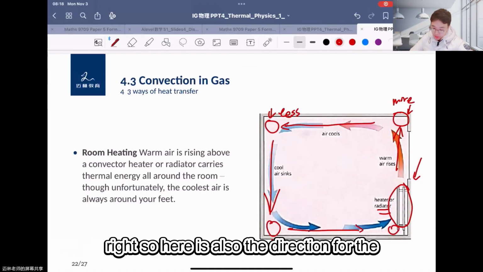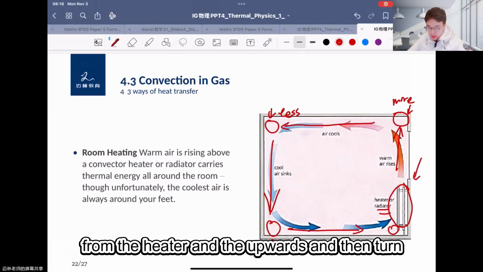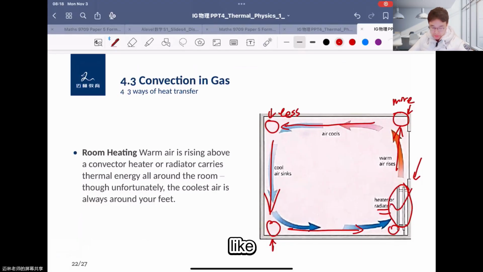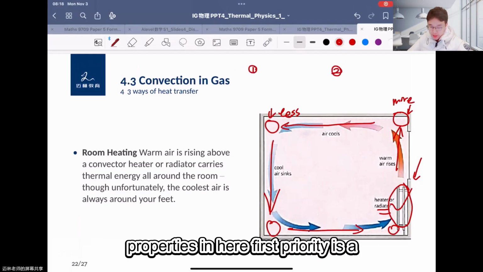So here is also a direction for the air transfer, from the left to the right, okay? So here it forms a loop. It goes from the heater upward, then turns left, then moves down and then turns right. A total circle.